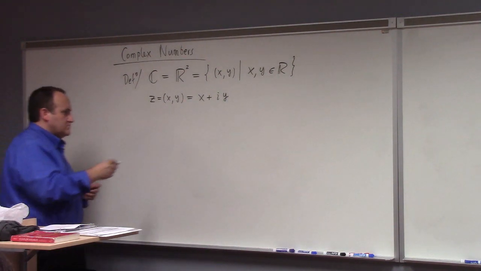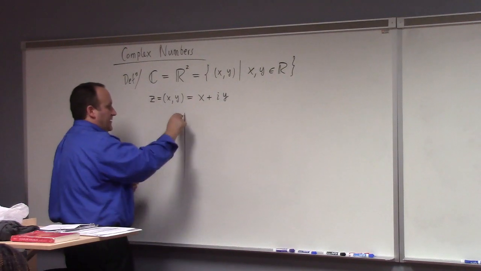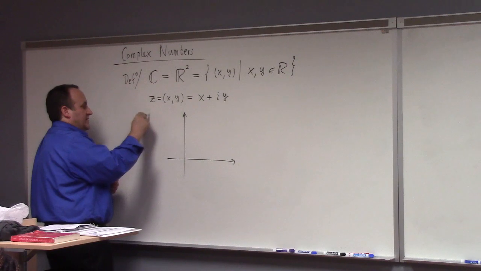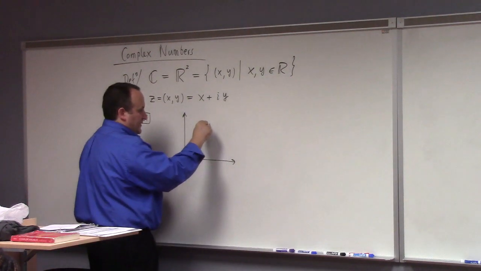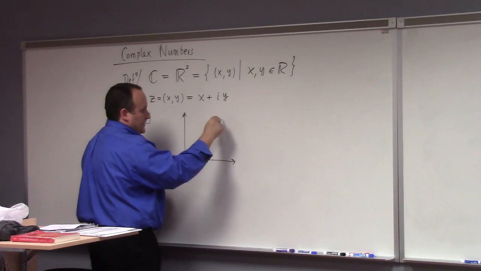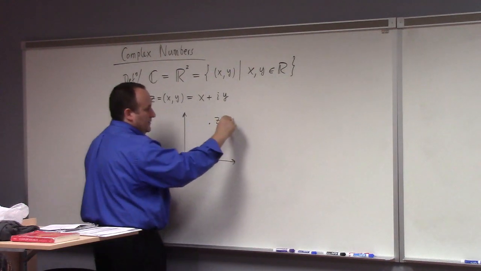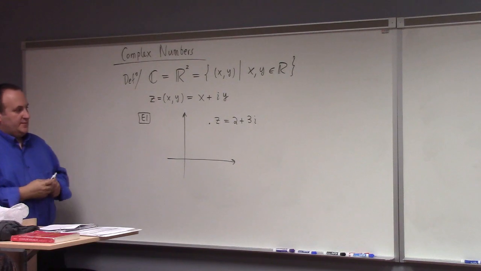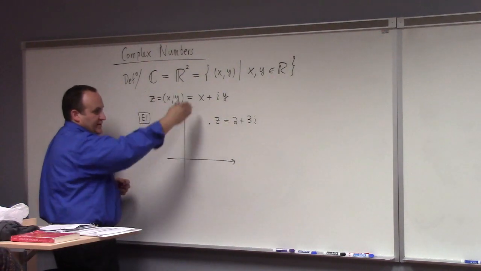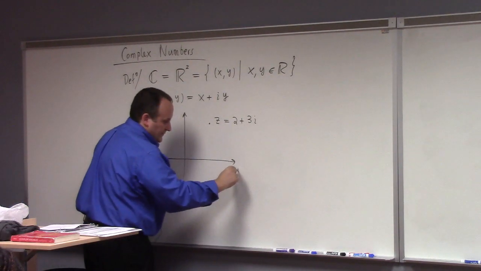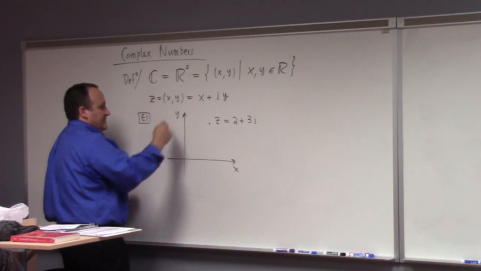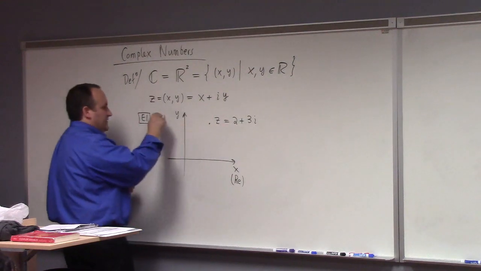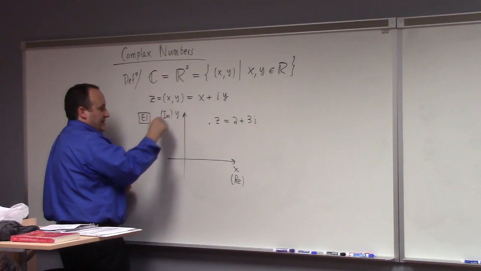So then what? We can picture it, right? So for example, just be concrete here. This one right here would be something like z equals 2 plus 3i, right? That means we go 2 over, we go 3 up, right? As usual, this is the x-axis, this is the y-axis, but we also call this the real axis, and we call this the imaginary axis, right?